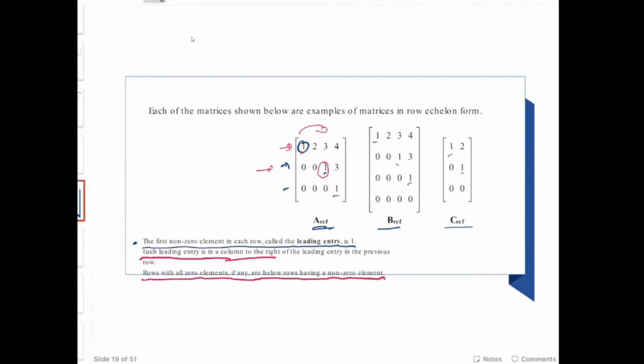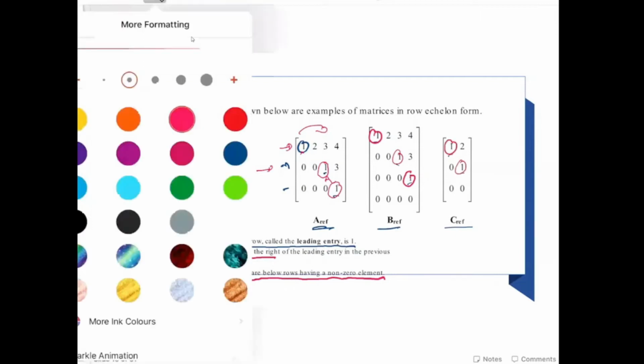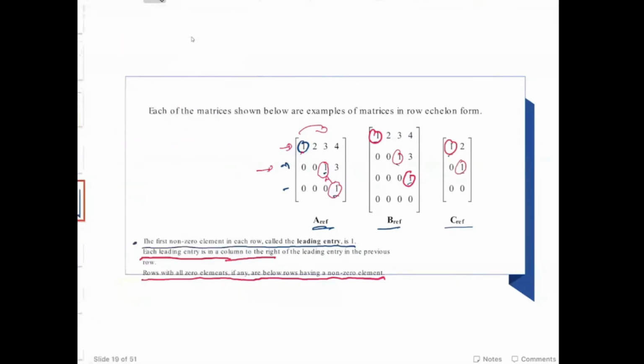In this case, we also satisfied that this one is to the right of the previous row. The same goes here, to the right, to the right, to the right. And we also see that if there is a row with all zeros, this row is below all other rows with non-zero elements.